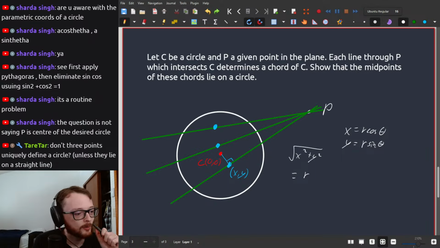Yeah, that's true. I think the question is saying that any line you want to draw here, those midpoints should all be on the same circle.